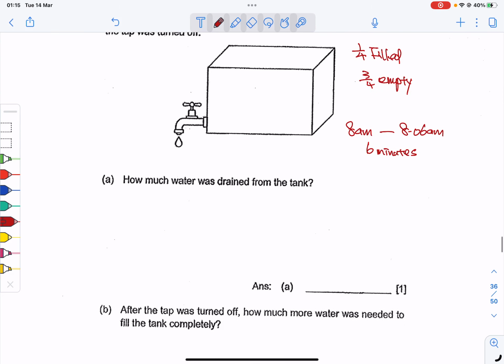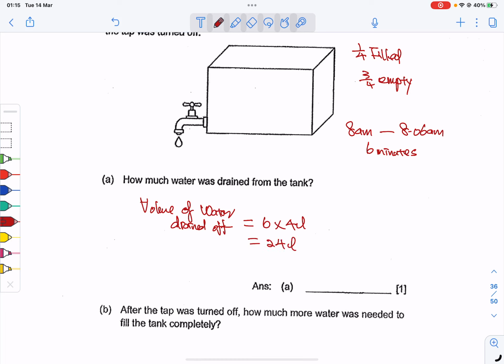So the volume of water that drained off will be 6 minutes times 4 liters per minute, so it will be 24 liters. So we drained off 24 liters. This is for my A.